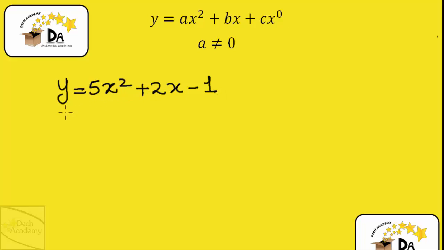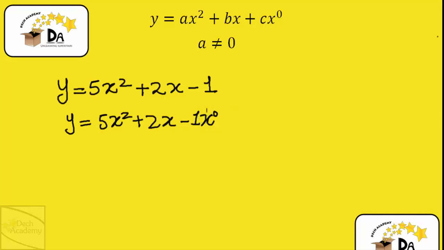So we'll just simply rewrite this equation as y equals 5x squared plus 2x minus 1x to the 0. So instead of showing the 1, you just put x to the 0. Once you have a term, you can essentially assume it's being multiplied by 1. So x to the 0 is the same thing as 1 times x to the 0, for those of you that like the multiplication sign being there.